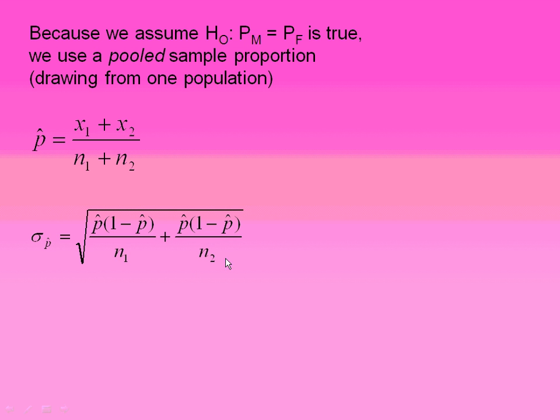So the standard deviation formula got a little longer, but it's still p hat q hat over n1 plus p hat q hat over n2 under a big square root. And then our z-score is really no different. We're going to compare the proportion of males that got in an accident to the females, see how much different they are, divided by our standard deviation.